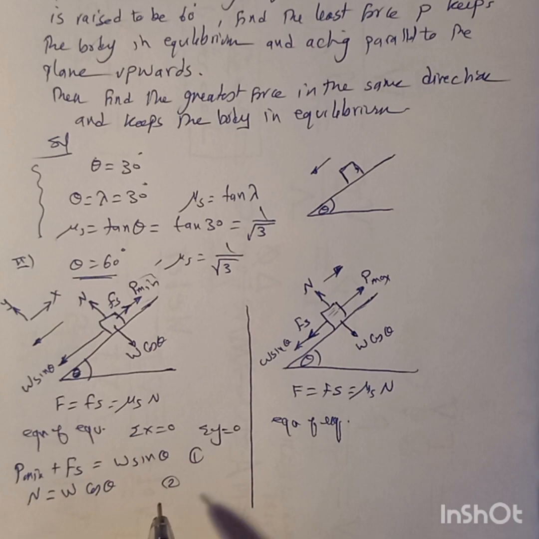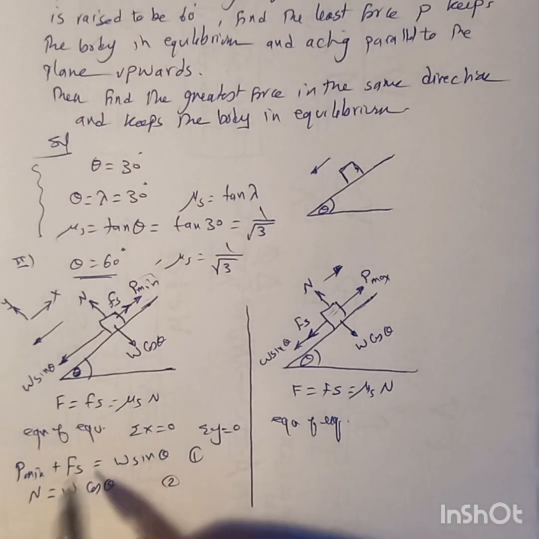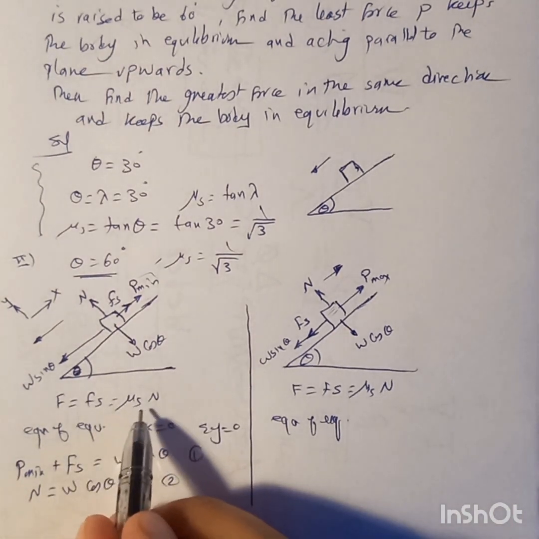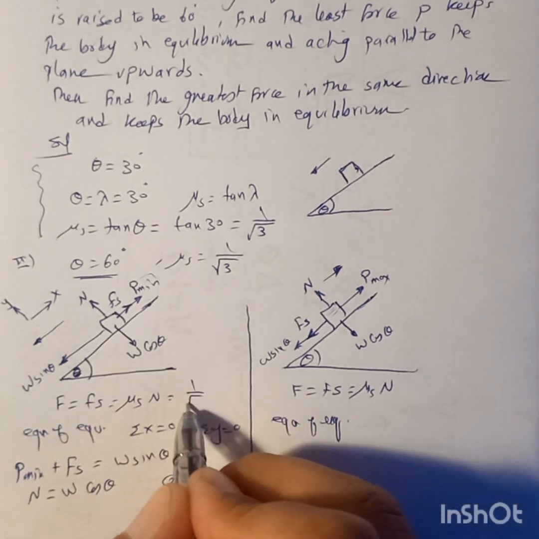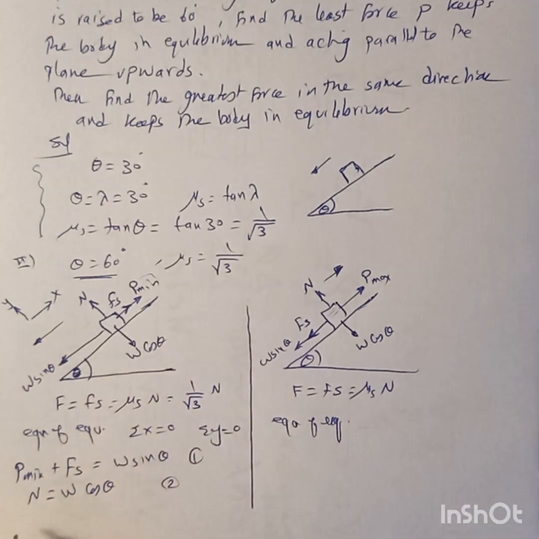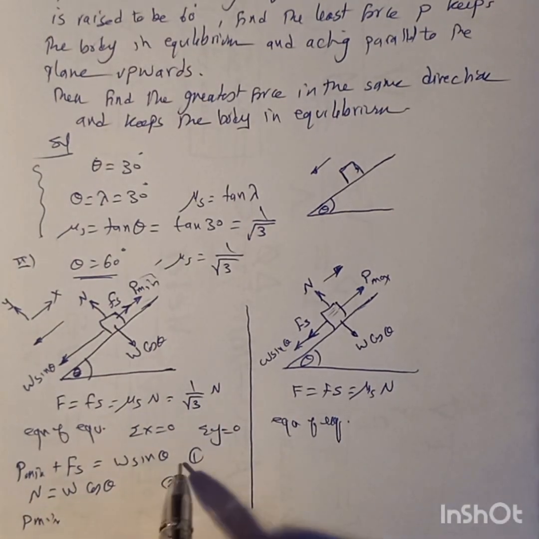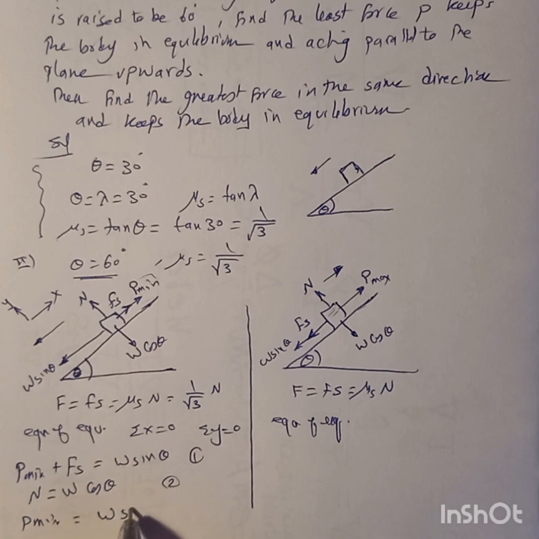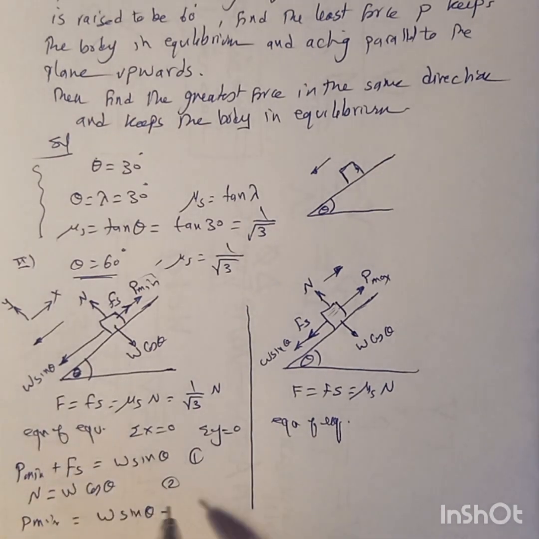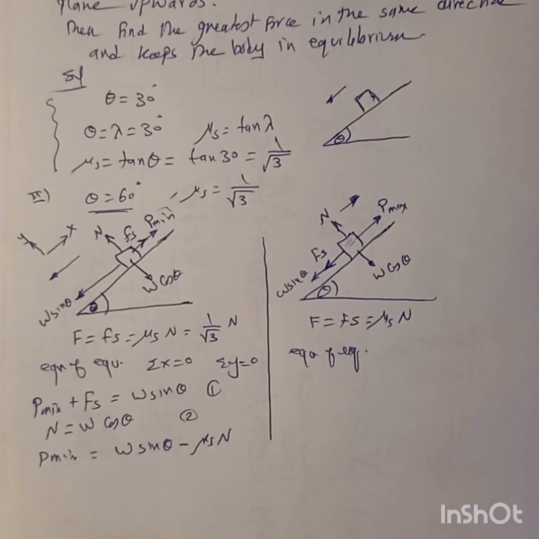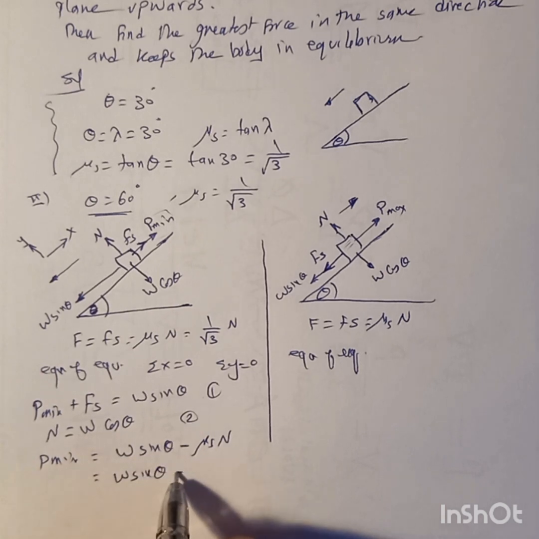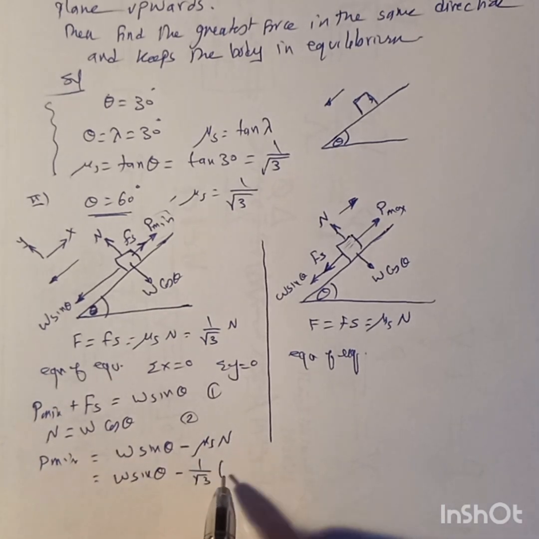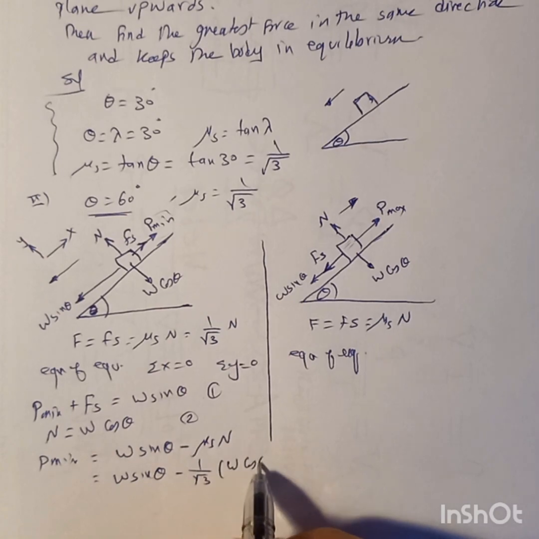Now we can substitute from this one in this one, and substitute Fs equals mu s times N, with mu s equal to 1 over root 3, times N. Then P minimum from equation number 1 equals W sine theta minus Fs, which is mu s times N. Then we have W sine theta minus mu s, which is 1 over root 3, times N, which is W cosine theta.